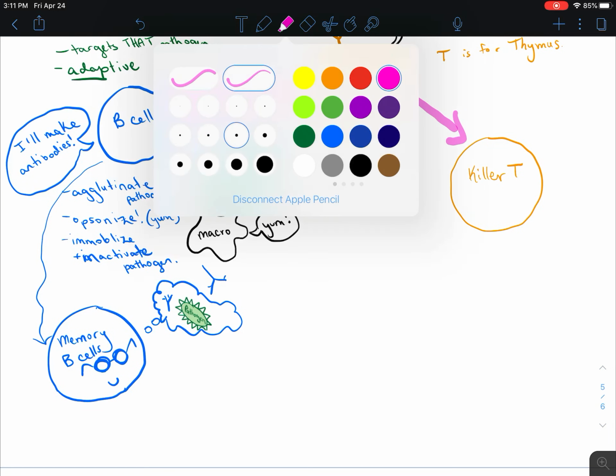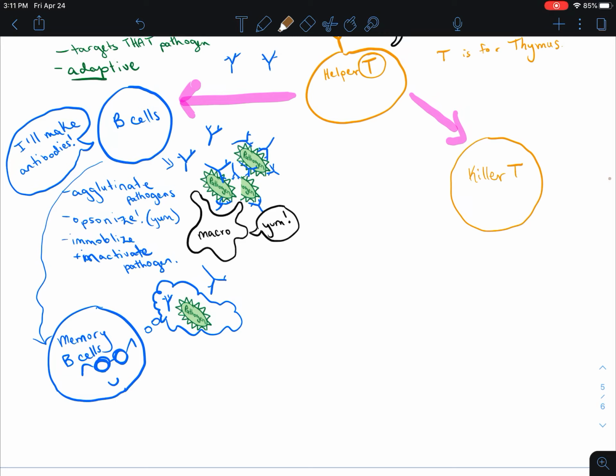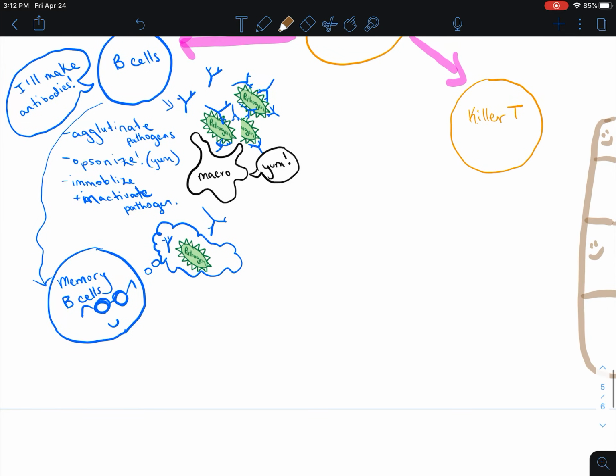So he's going to look for, let's make some other human tissue cells just on the side here. This could be skin, it could be part of your epithelial tissue, who knows. But let's say that most of these cells are happy, they're healthy, and they're identifying as part of your own body.